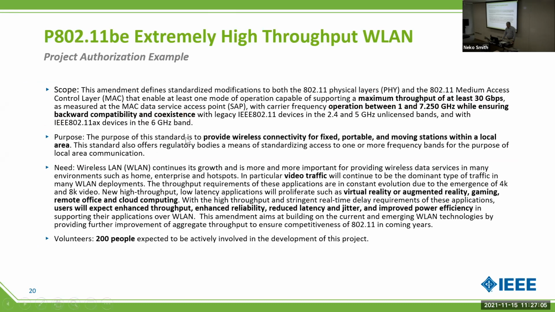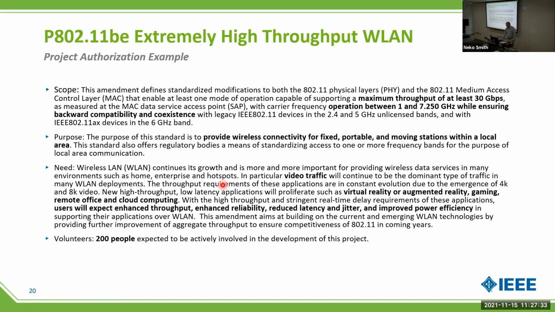From a purpose point of view, we want to provide wireless connectivity for fixed, portable, and moving stations. And the need, some of the drivers behind it, video traffic, virtual reality, gaming, all of these things that are driving the need for a project are defined. And there's a set of approximately 200 people that are standing ready to do the work.